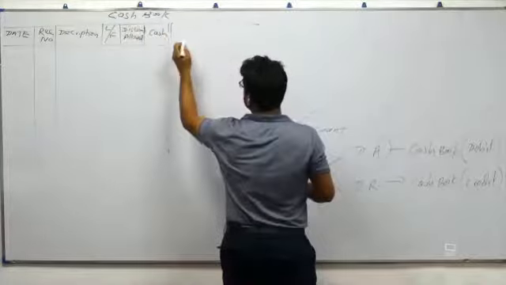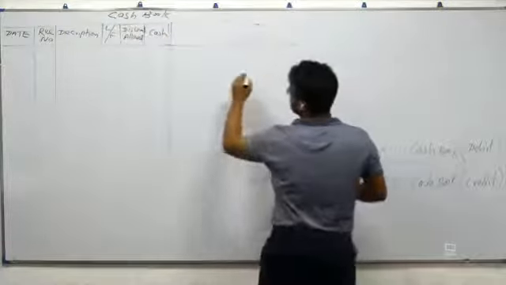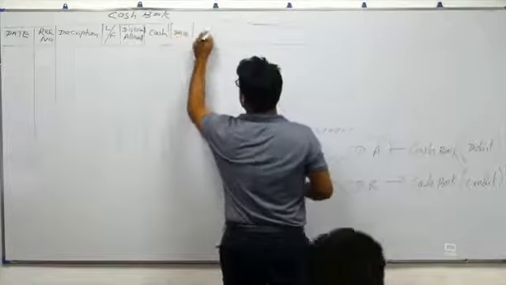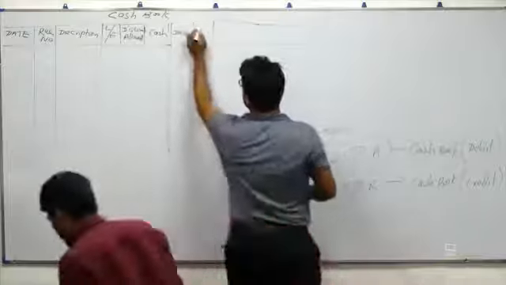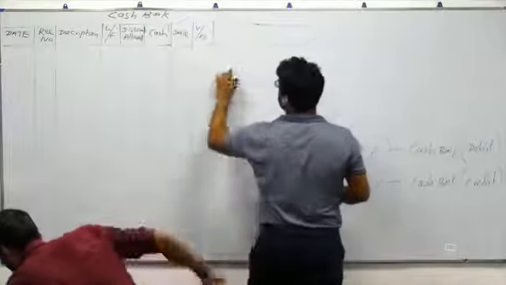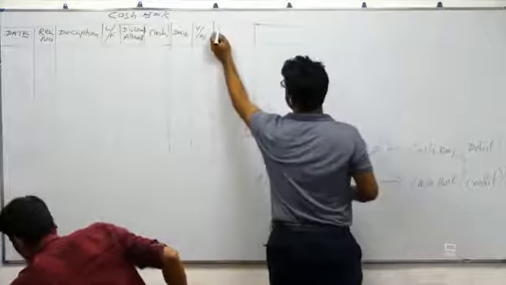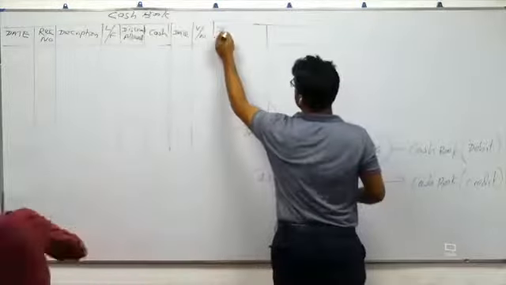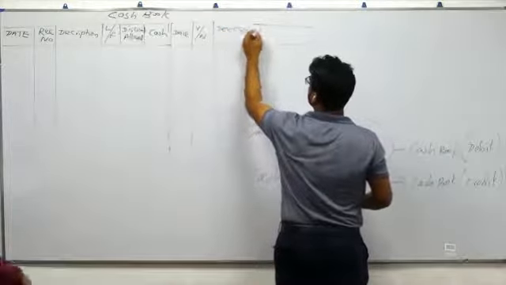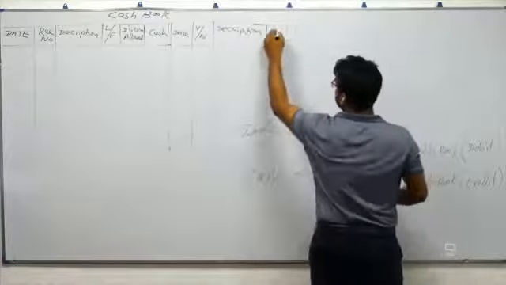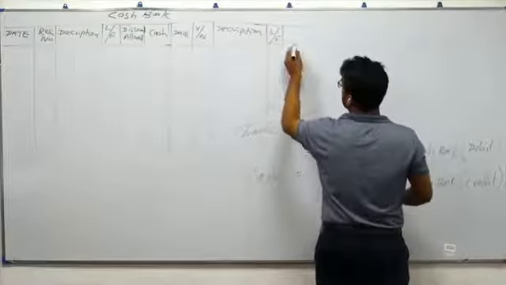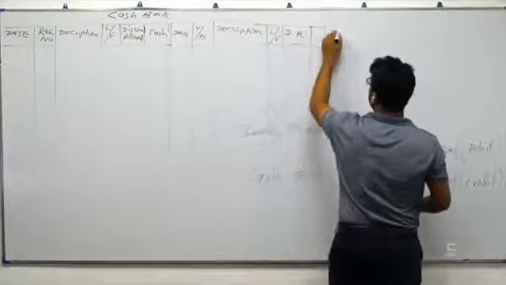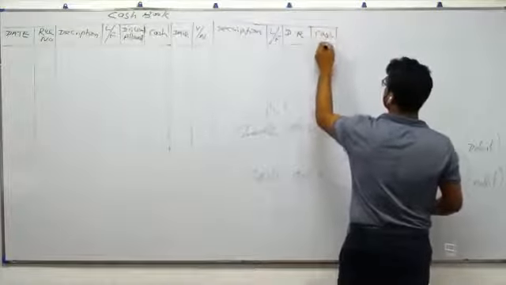Then credit side, you will have the same columns: date, voucher number, description, ledger folio, discount received, and the cash amount.